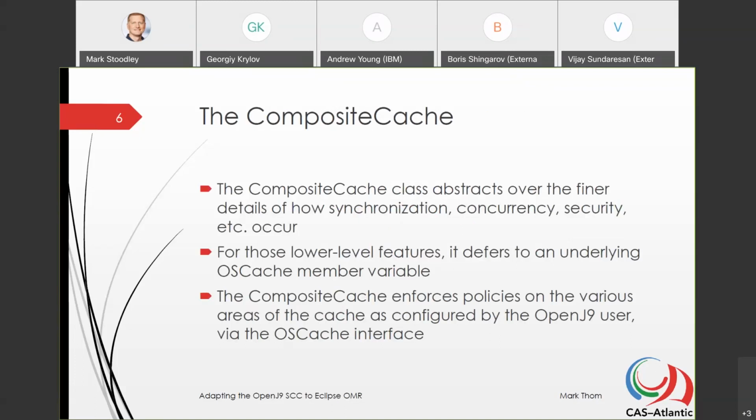Those parts of which I'm going to refer from now on as regions. Another task that it incorporates is to enforce certain options selected by the user from the command line in a way that the OS cache really does not. The settings are kind of handed down to it from the Composite Cache.